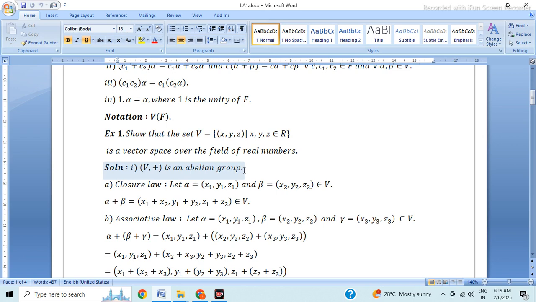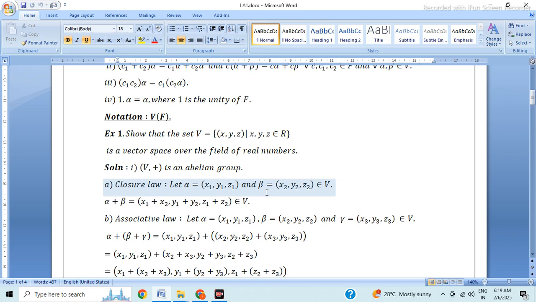First condition, what do we have to prove? V plus is an abelian group. From which one should we start? One, closure law. What is meant by closure law? If alpha, beta belong to V, we should get alpha plus beta belongs to V. How is it defined?